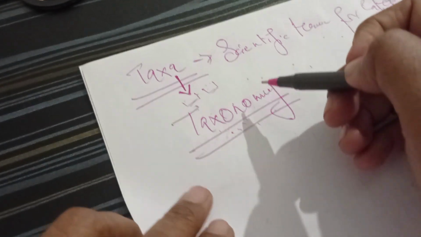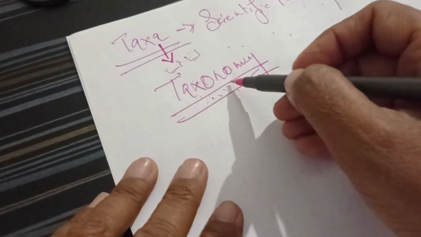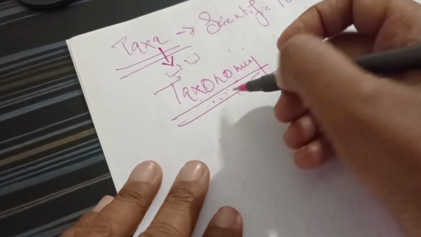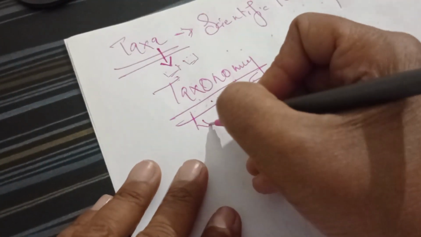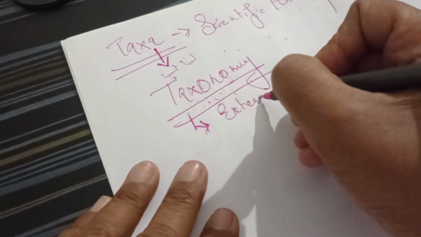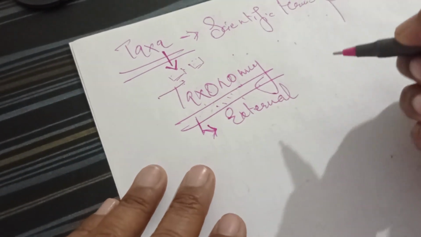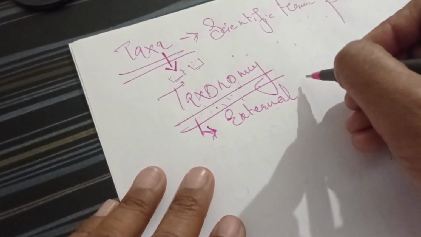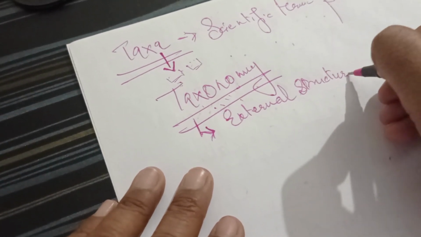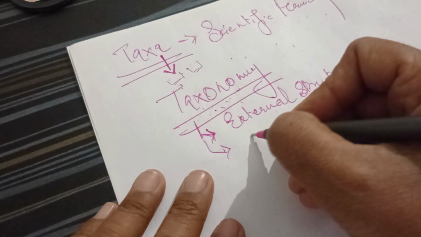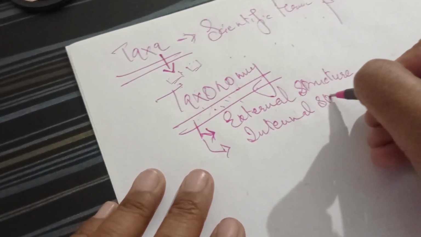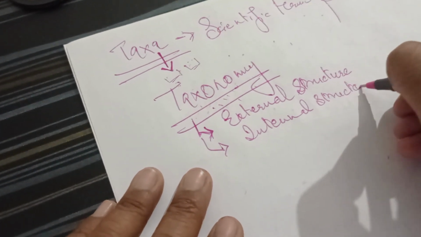Now again, how are they categorized, or how is this classification done? Based on some characters. What characters will there be? There will be some external structure characters. There may be internal characters which will be taken into consideration. Okay.